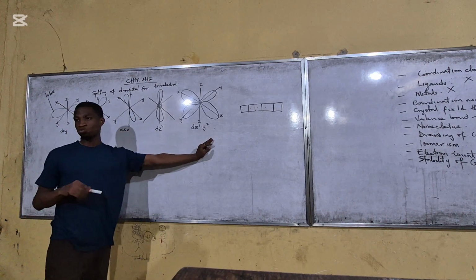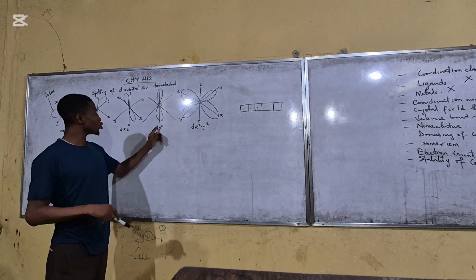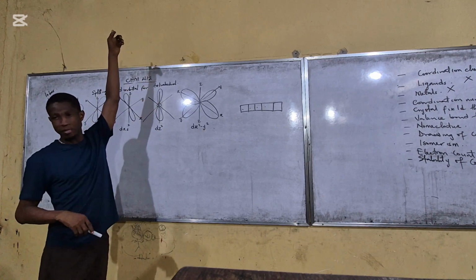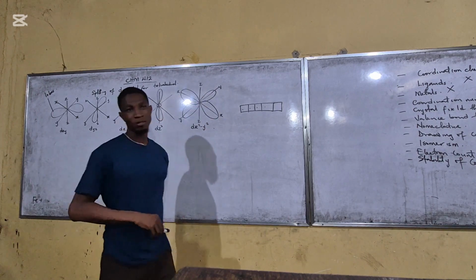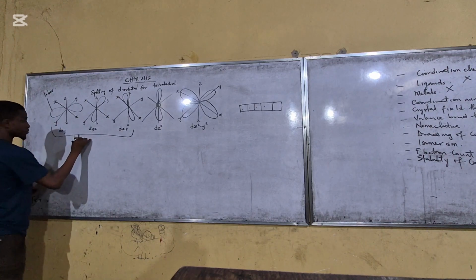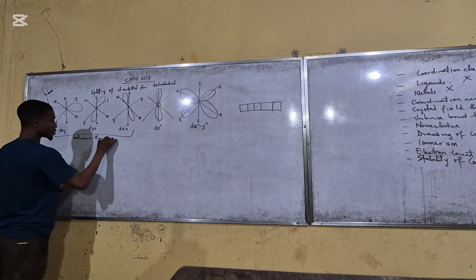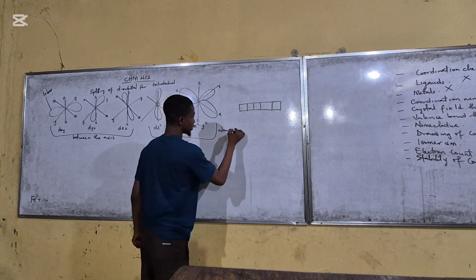But these other 2 are along the axis. This one has its lobe along the z axis. This one has its lobes along the y and x axis.